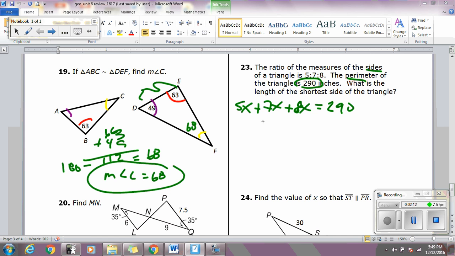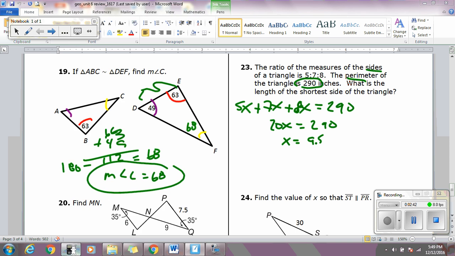So combine our x's, we get 20x is equal to 290. And then divide both sides by 20. You'll get x is equal to 9.5, or is it 95? No, 95. It seems too big.